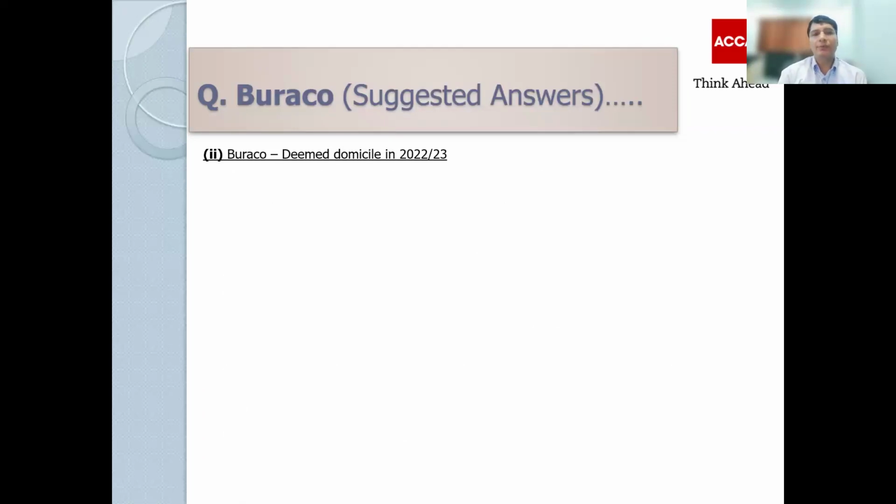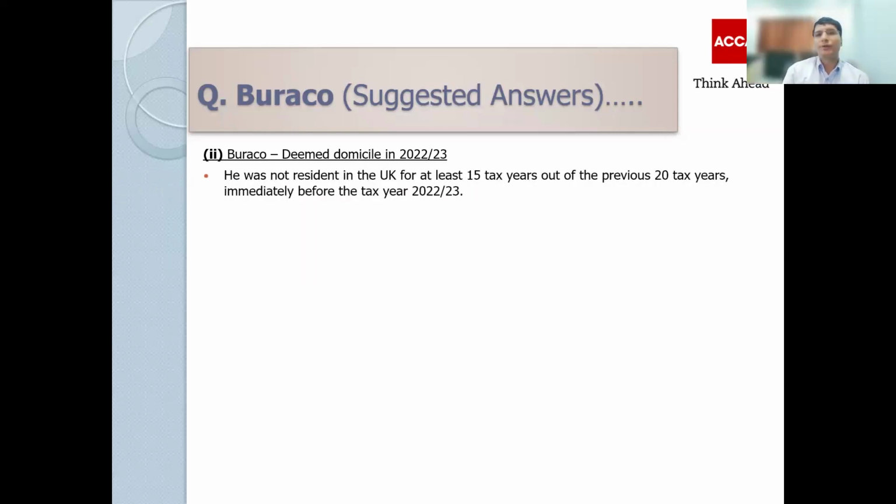Sorry, what I meant is, if someone is living in the UK long term, for longevity, for example, someone is not UK domicile, but has always been living in the UK for more than 15 years, then the UK HMRC, the UK equivalent of the IRD, is telling you that if you are living in the UK all the time, although you are not UK domicile, living here for more than 15 years, then you will be treated as deemed domicile for the purpose of tax only. Remember, for the purpose of tax only, this concept will come into play.